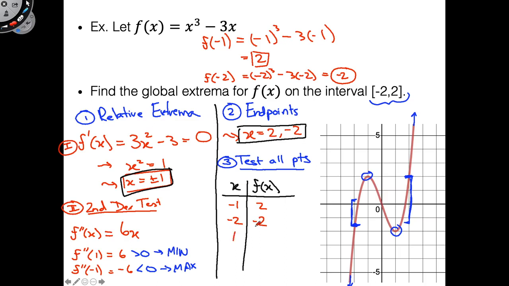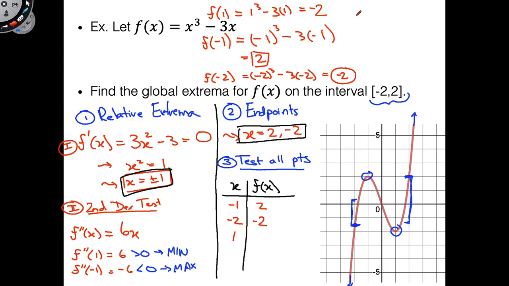Let's try positive 1 this time. f of 1 is going to be 1 cubed minus 3 times 1, which is 1 minus, no, that's going to be a minus 2.